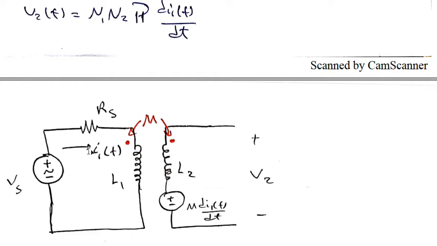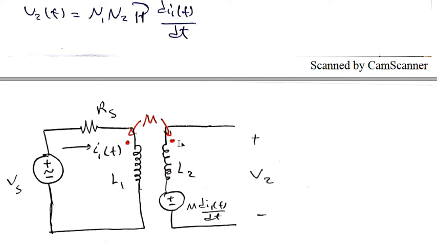So if the current is entering the coil from the terminal which has a dot, the mutual dot, the opposite dot, will have a positive sign. If the current is leaving the terminal, the mutual dot will have a negative sign.